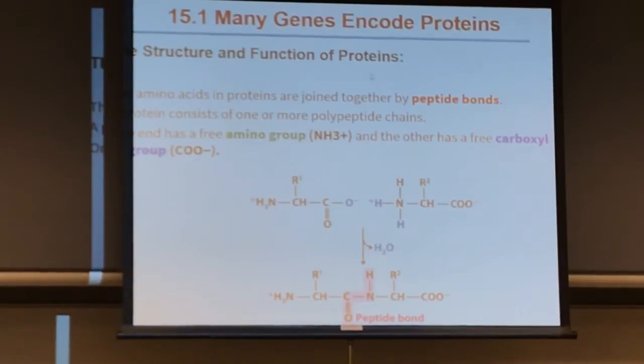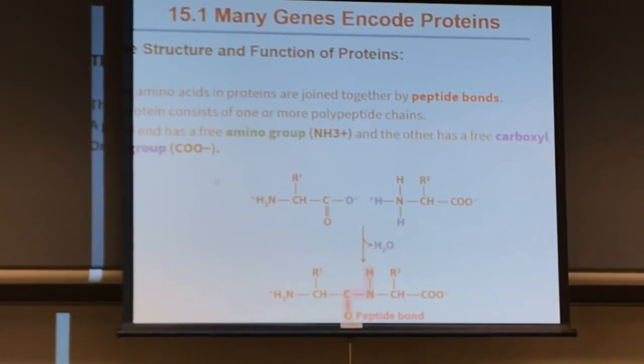Now, looking at the structure and function of proteins, proteins are made up of amino acids, and we know that amino acids are linked to one another with the help of a polypeptide chain. So if you look at this here, this is one amino acid, and this is the second amino acid. You have the amine group. So amino acids have an amine group and a carboxylic group.